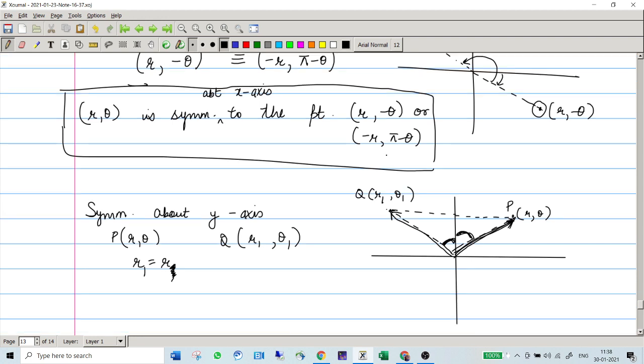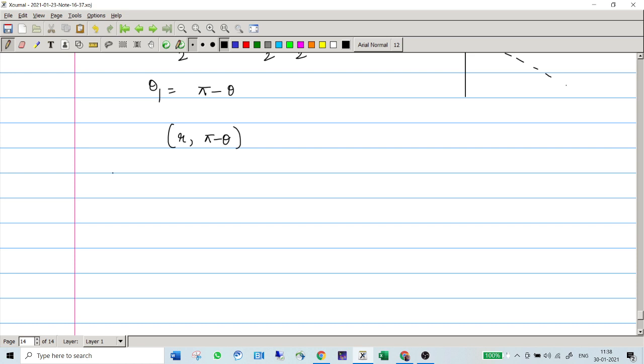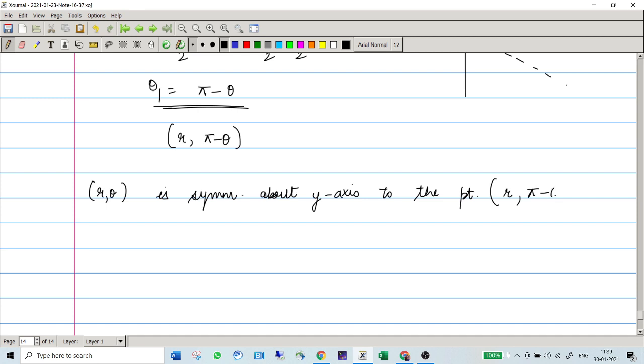But right now you have got that your point r comma theta is symmetric about the y-axis to which point? To the point which looks like r1 comma theta 1, where r1 is simply r, and you have seen that theta 1 is pi minus theta, right?